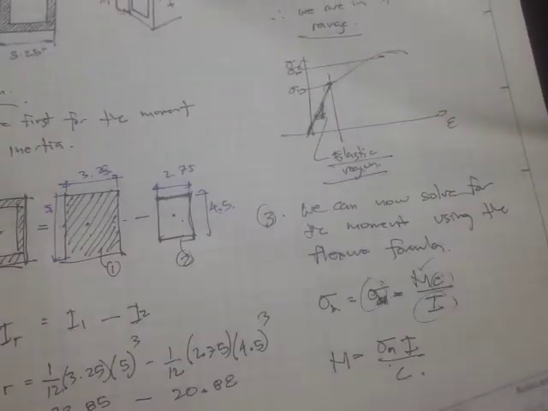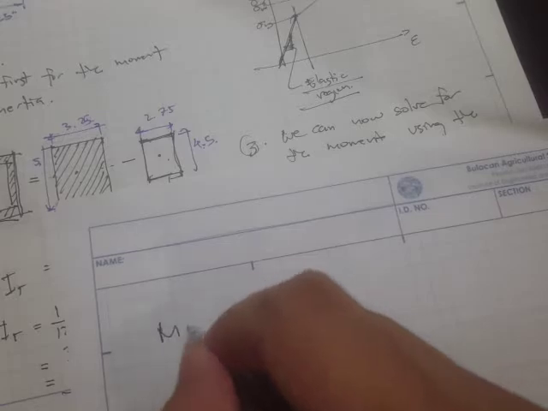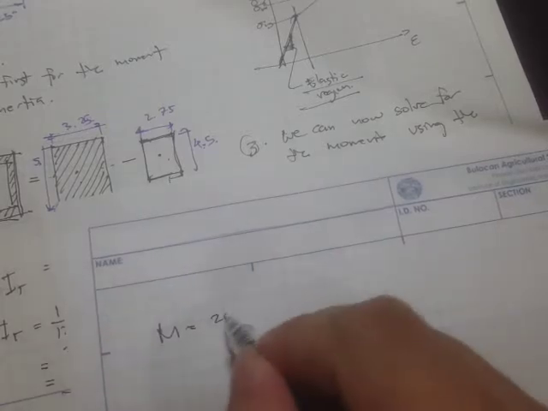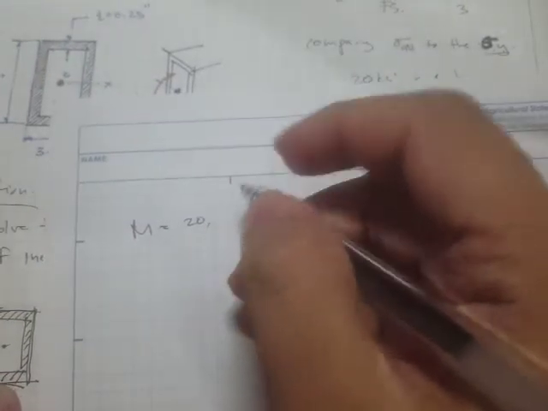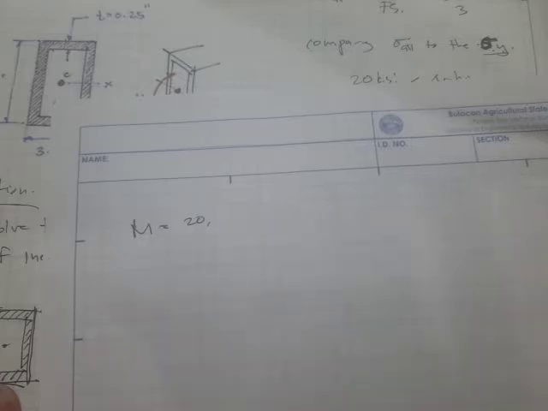Okay, and if we continue here, M is equal to 20. Take note, this is 20 ksi, which means kips per square inch, so let's convert this to psi.